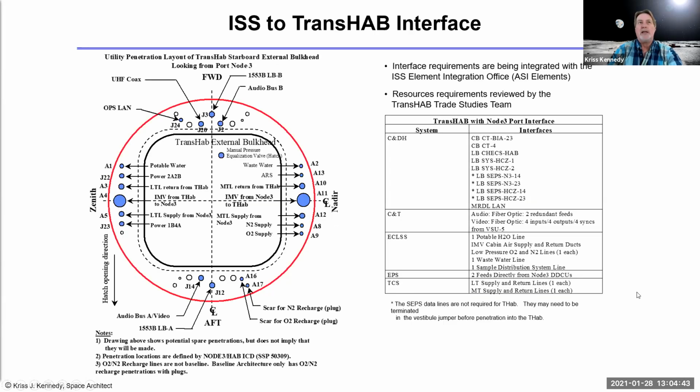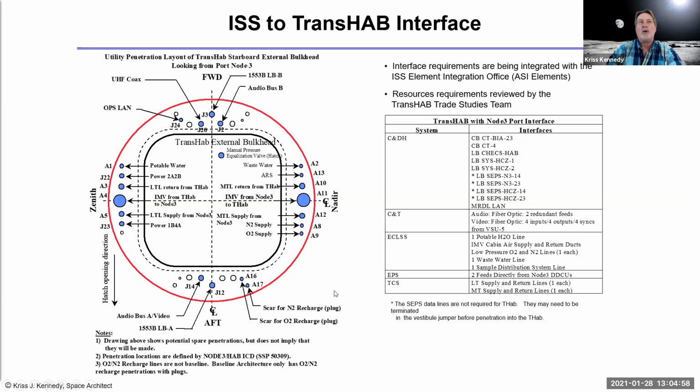This shows the common berthing mechanism, the bulkhead, and shows the different connections and penetrations on that bulkhead and the different services and where they're connected and what's used and what's not used.